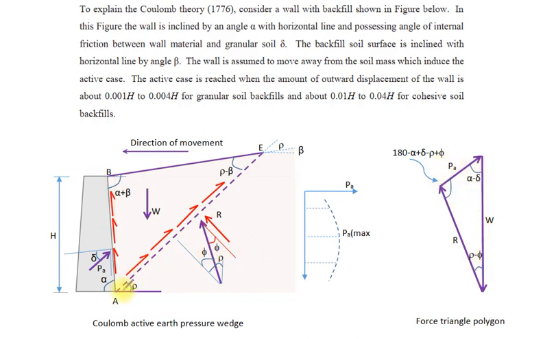Take another line of rupture or failure, for example from point A to point E1, and repeat the procedure to get another value of PA. Take other lines also, for example E2 and E3, and draw the relation between PA and the lines. For every point we get this curve.